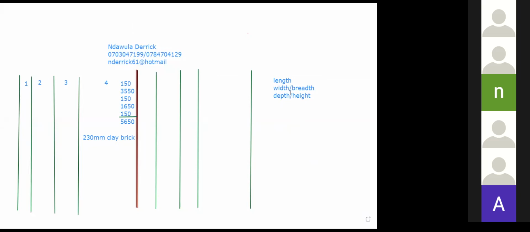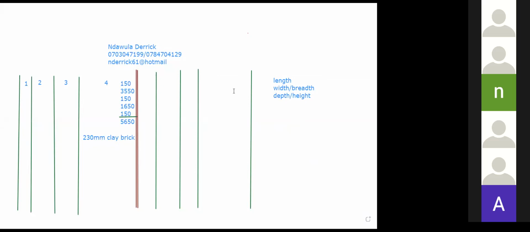We enter length, width, breadth, and then the depth or height.